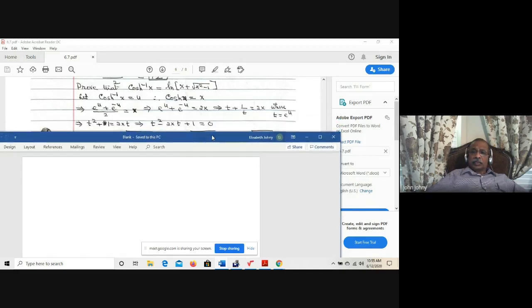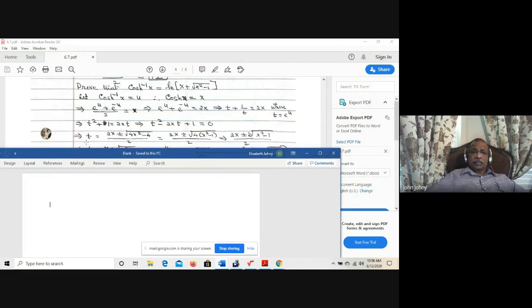So t plus 1 over t is equal to 2x, where t is equal to e to the u. That means t squared plus 1 is 2xt. So t squared minus 2xt plus 1 is equal to 0. Applying the quadratic formula, t is equal to 2x plus or minus the square root of (2x) squared minus 4. That is 2x plus or minus the square root of 4 times (x squared minus 1), divided by 2. That is 2x plus or minus 2 times the square root of x squared minus 1, divided by 2.